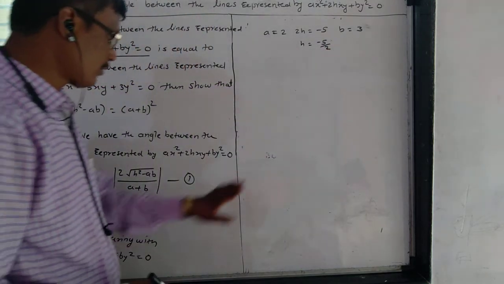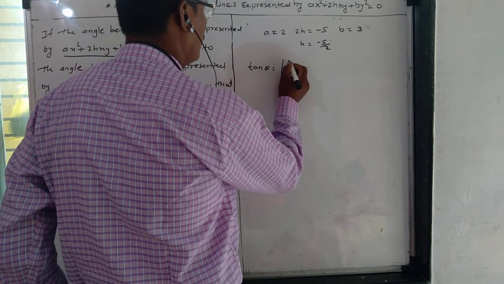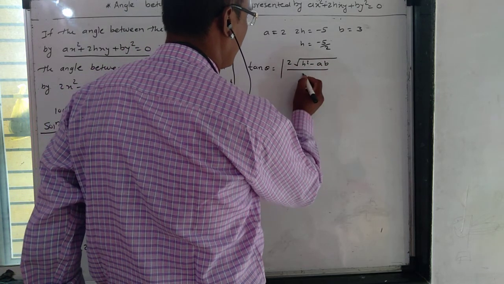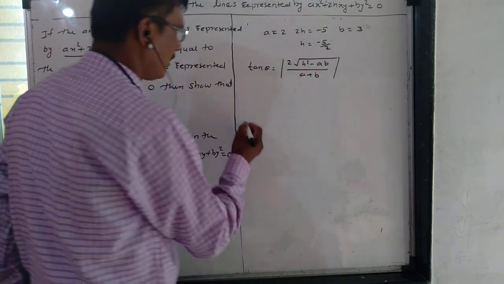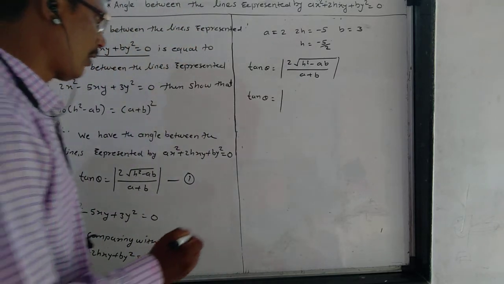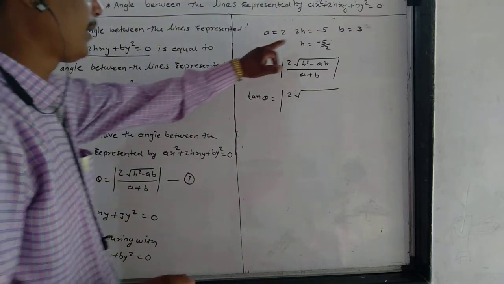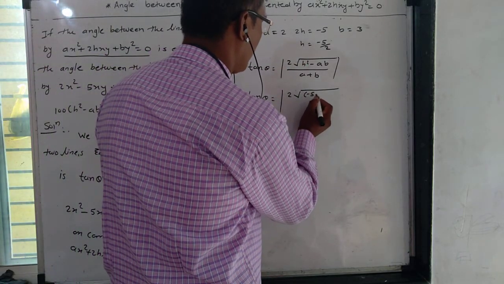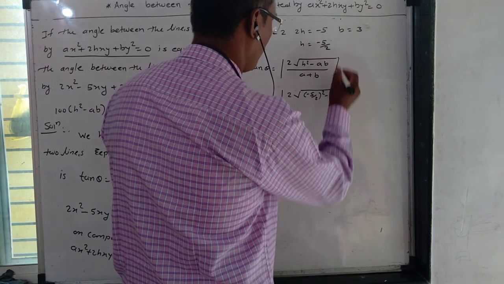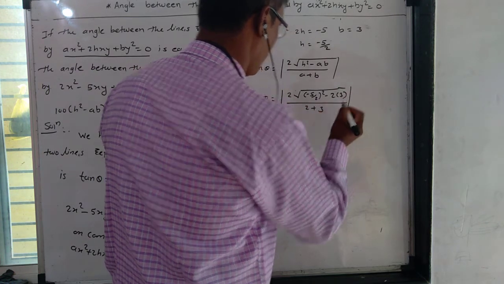Now the angle between these two lines is given by tan θ = |2√(h² − ab) / (a + b)|. Therefore tan θ = |2√((−5/2)² − 2×3) / (2 + 3)|. Okay.